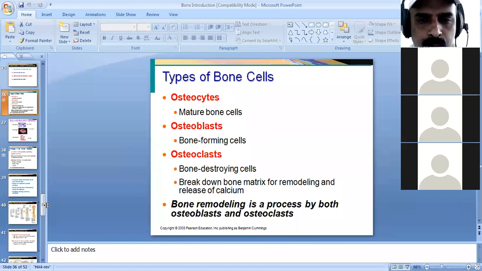Third one, osteoclasts, at old age, are bone destroying cells. They break down bone matrix for remodeling and release of calcium. So osteoclasts are bone destroying cells, osteoblasts are bone forming cells, and osteocytes are mature bone cells. These are the types of bone cells.